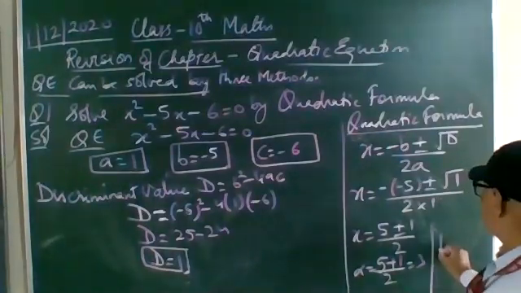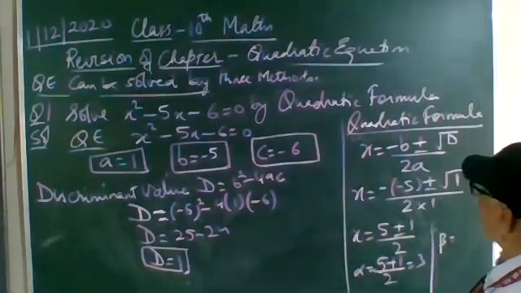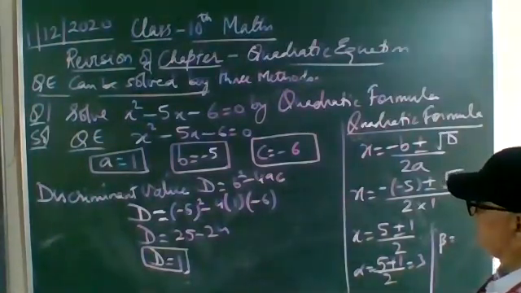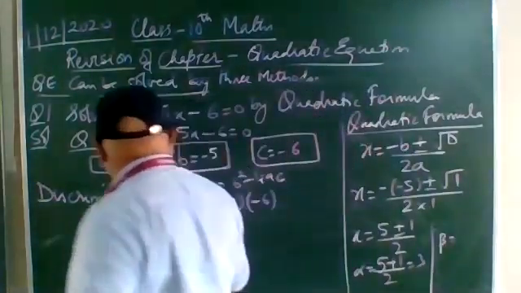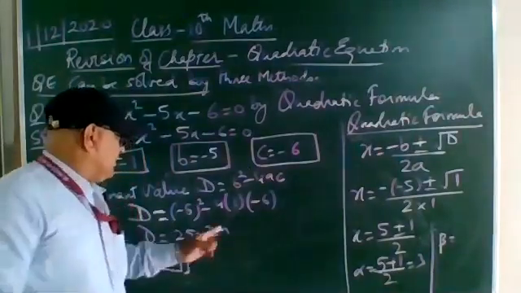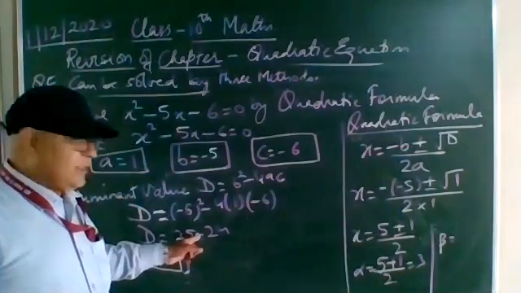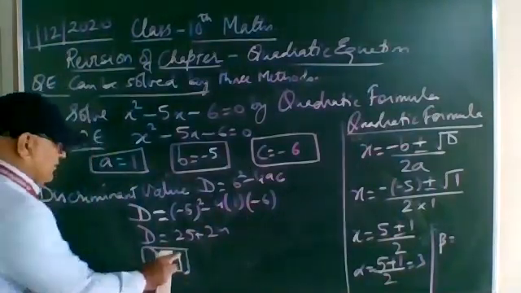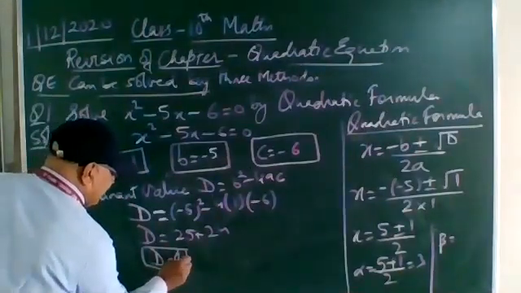Beta, sorry. Here this is 25 plus 1. Here it is minus plus, so what is it? 25 plus 24 is 49.